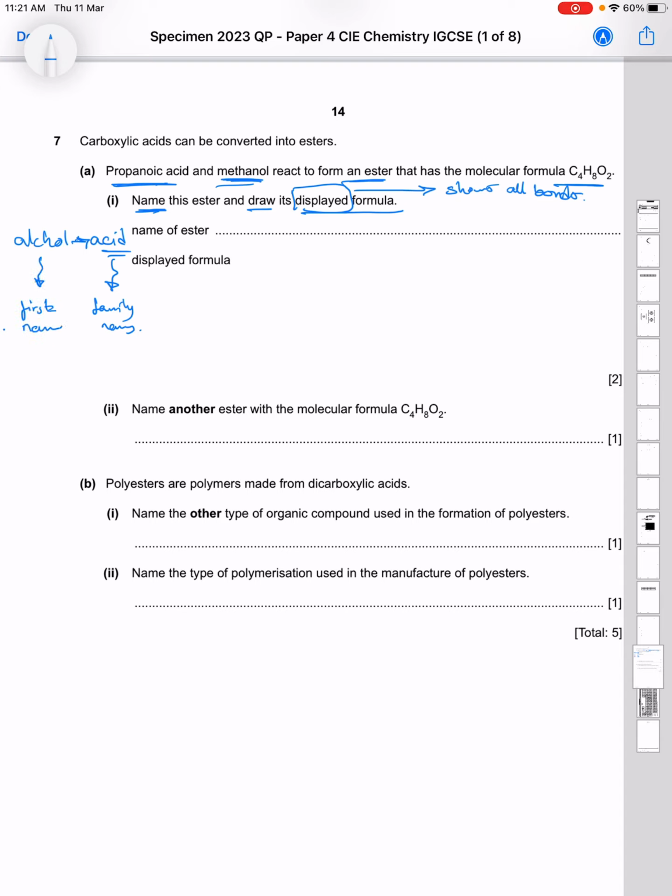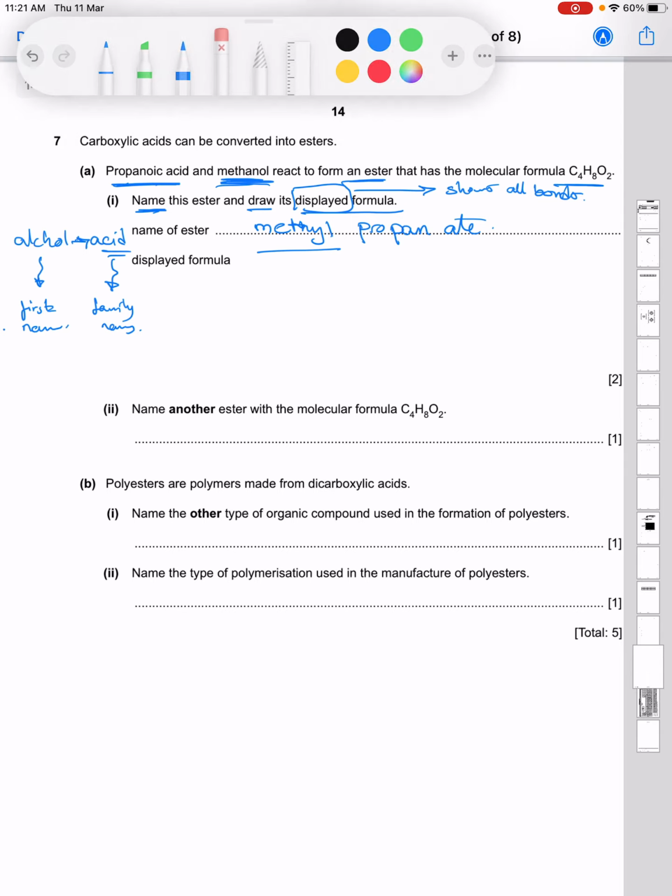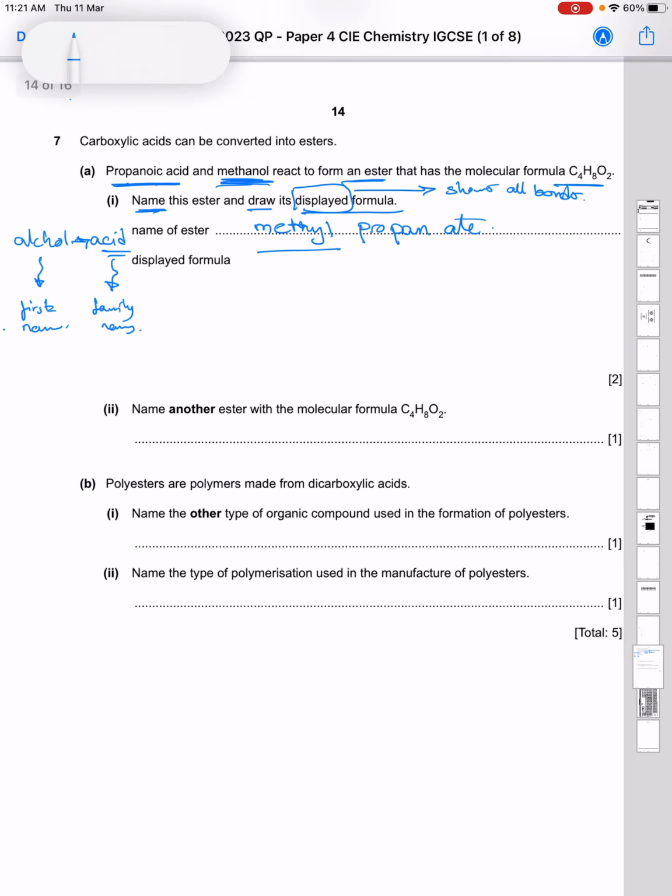So the alcohol here is methanol, so I would call the ester methyl, not methanol, methyl. Propanoic acid, it would be methyl propanoate. Let me correct the spelling. Methyl propanoate is the name of the ester.